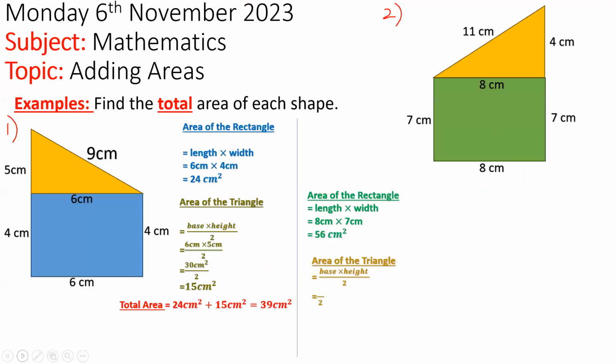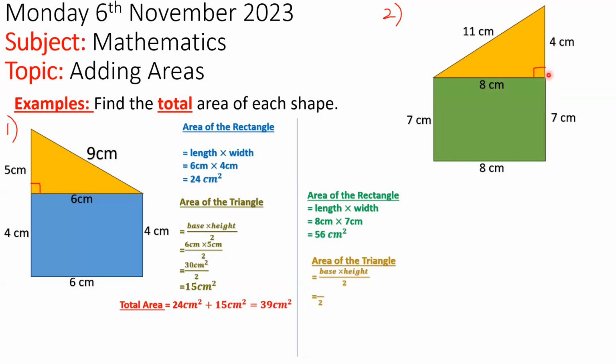I was supposed to put that this is a right triangle. So how do we know it's a right triangle, class? If we put a square box, that means it's a right triangle. And so that means that 8 is the base. Okay, Bri? 8 is the base.